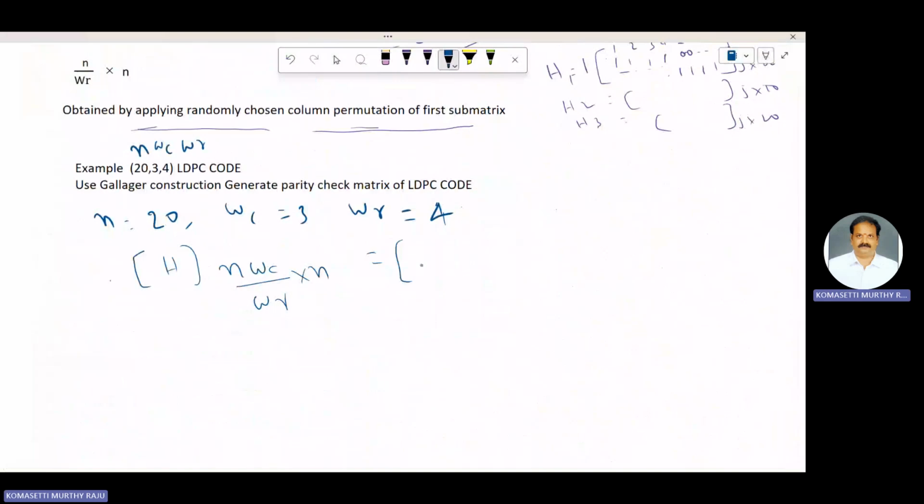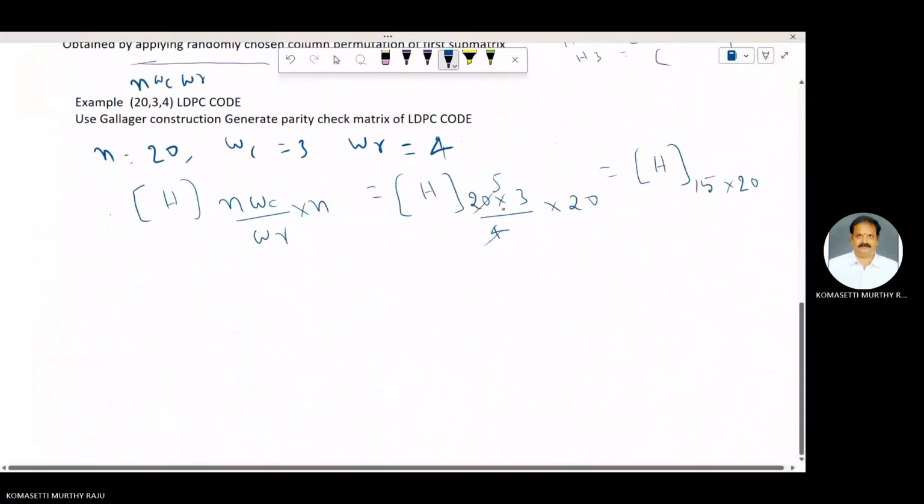That is, the parity check matrix size is n, here 20, into WC is 3, by WR is 4, cross n is 20. Therefore, the H matrix dimensions are 15 cross 20.